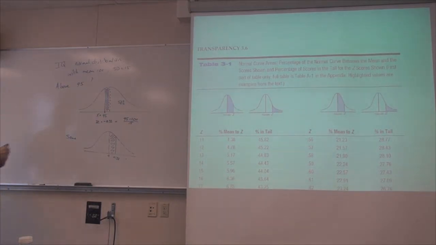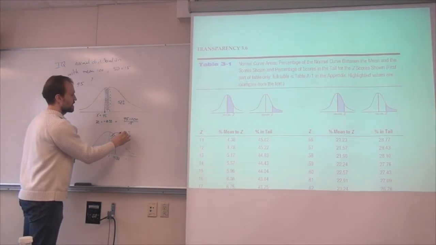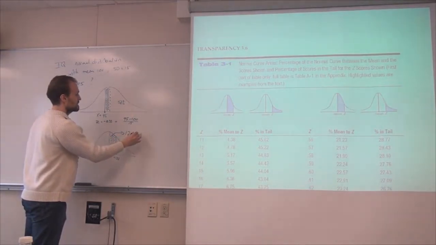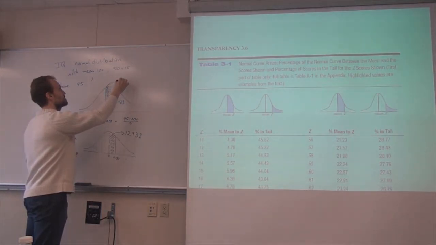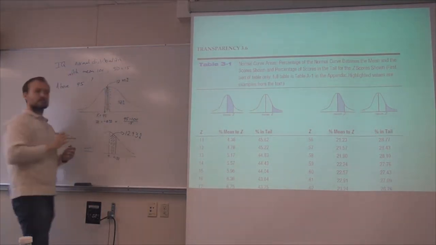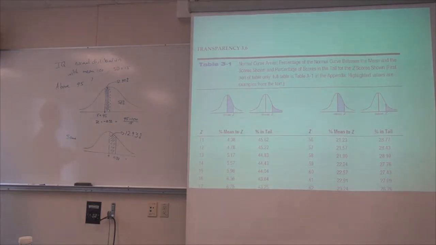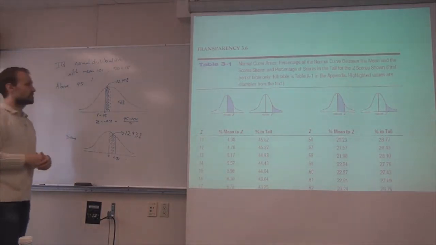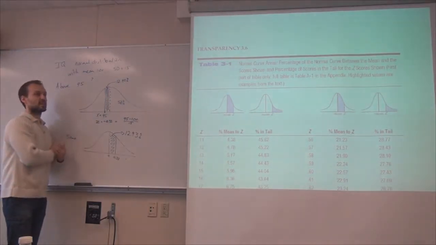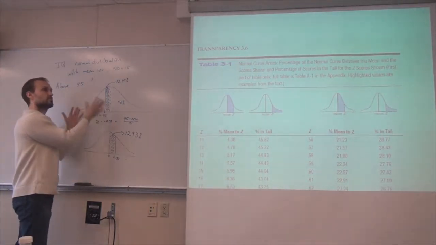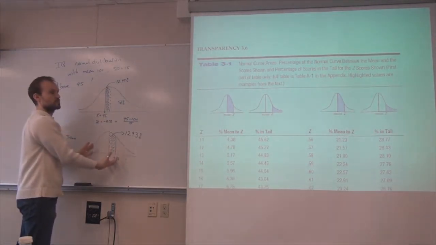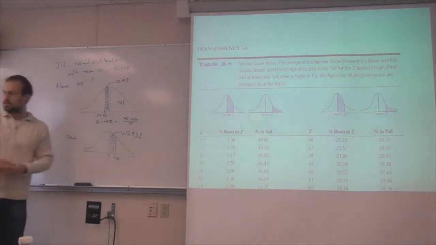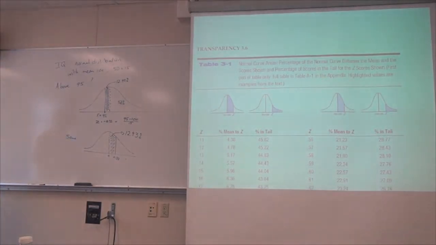So this is 12.93%, which means this is 12.93%. Everyone happy with this symmetry? It just makes it easier that the table doesn't have to show all the z values. In fact, it doesn't show any negative z values. So I have to just see what I want and then transfer it to be able to use the table and then go back. And all the percentages are there.